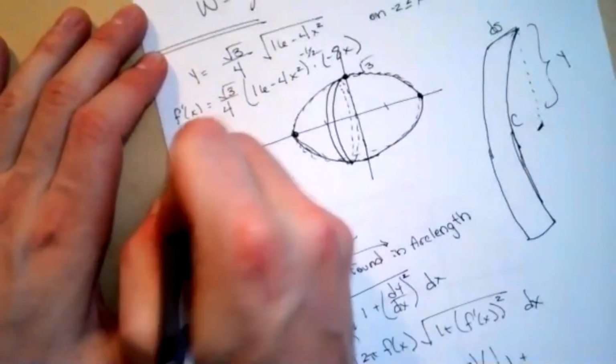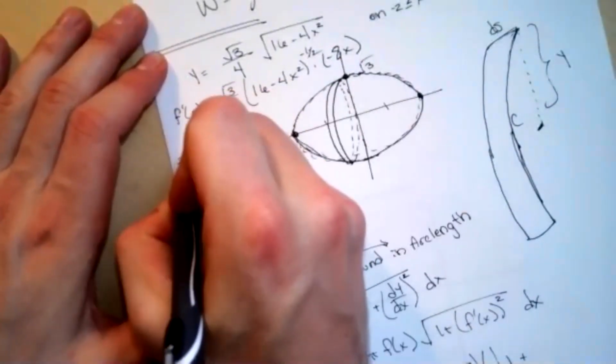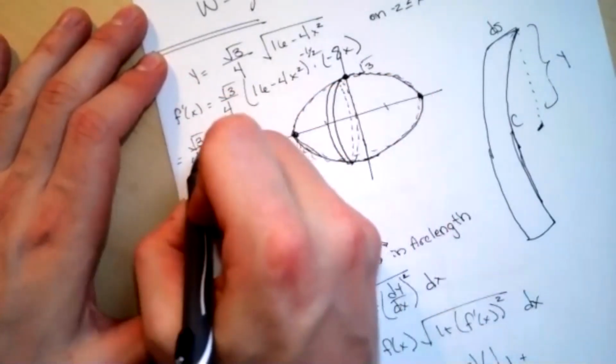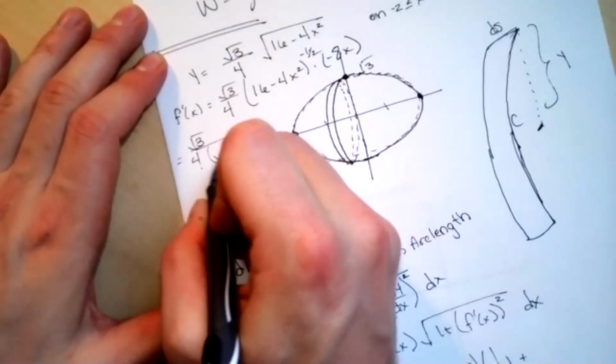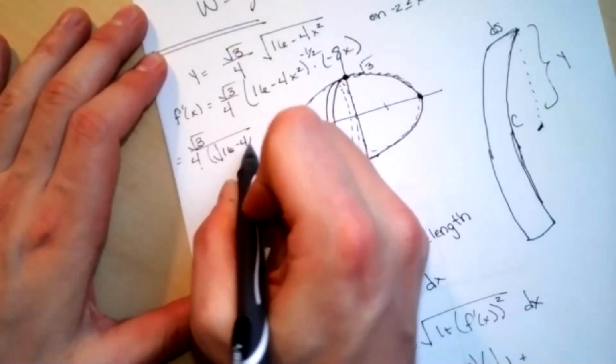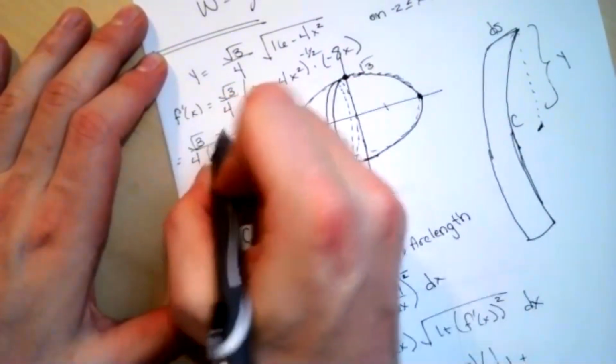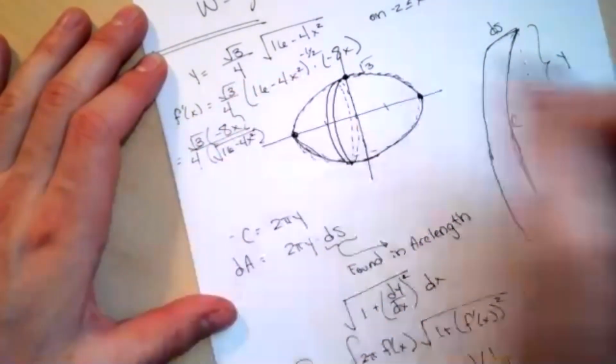Sorry for the scratch work. We've got a square root 3 over 4. The other thing in the denominator is the square root of 16 minus 4x squared, and then we've got a minus 8x in the numerator as well.